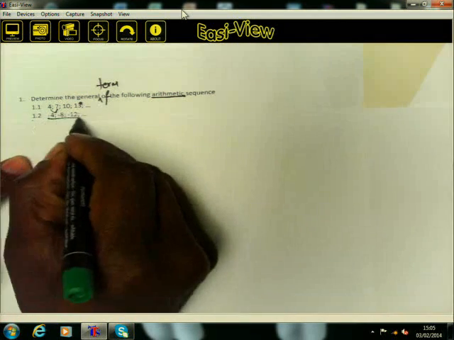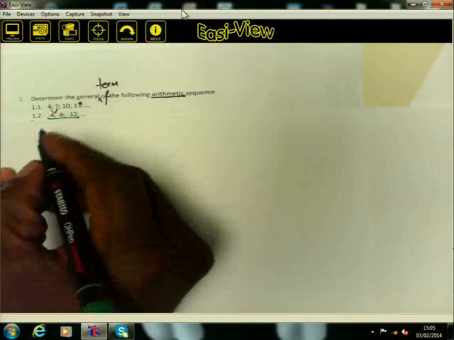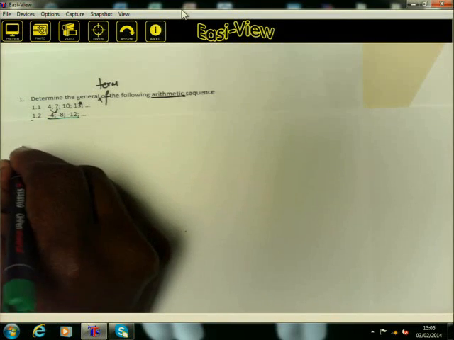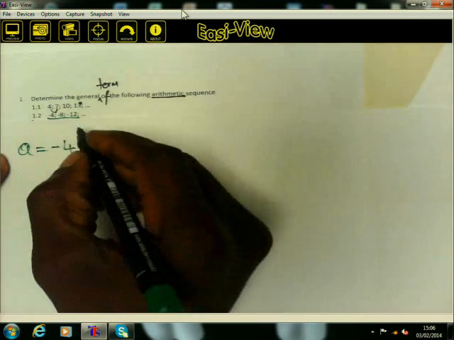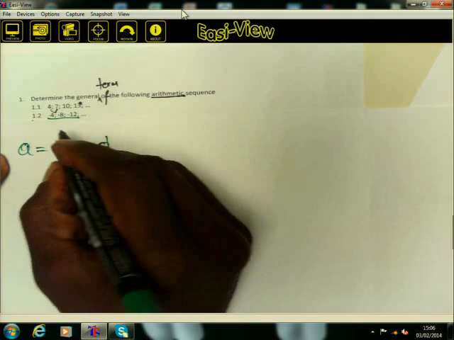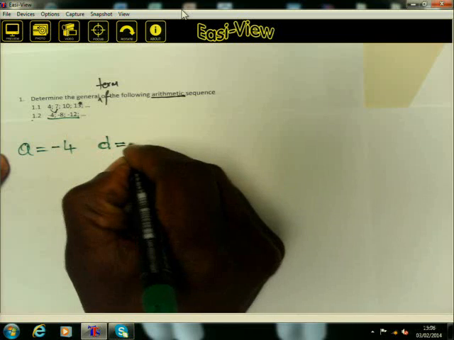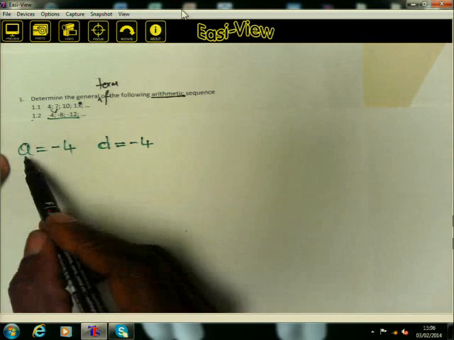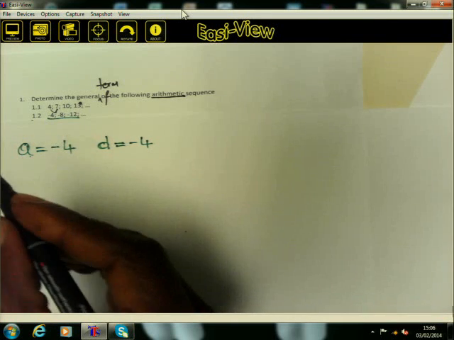The sequence is given there. Then, what is A? The first term is -4. What is the difference? I hope you realize that it is -4 still. The first term and the difference are the same.